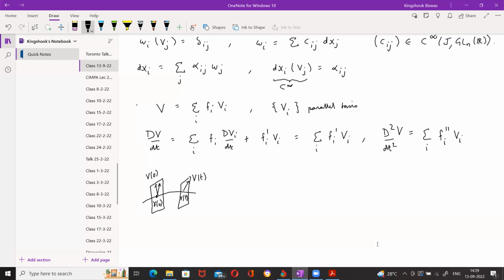You can identify this tangent space with this tangent space using the inverse of the parallel transport map. So let me call it PT inverse. Okay, let me stop here and we'll continue again.